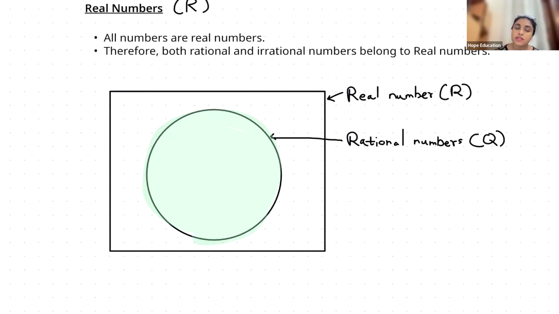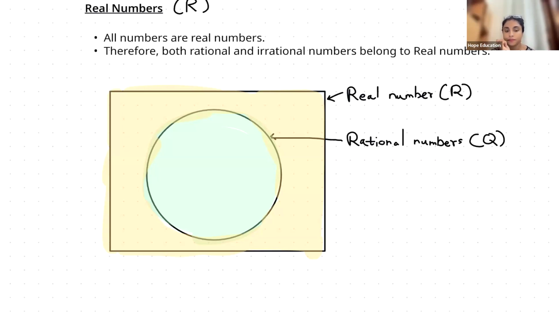Then what will be represented by the outside? If this circle represents all the rational numbers, what is the outside part going to represent? This is what I'm shading in yellow. Yes, Sahiru, others?